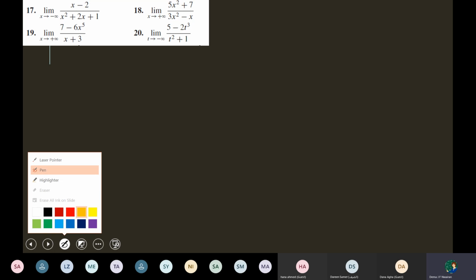So now you have to notice that if m is the power of the numerator and n is the power of the denominator, if the power of the numerator is greater than the power of the denominator, like the limit of x cubed over x squared, after simplifying we have only x.